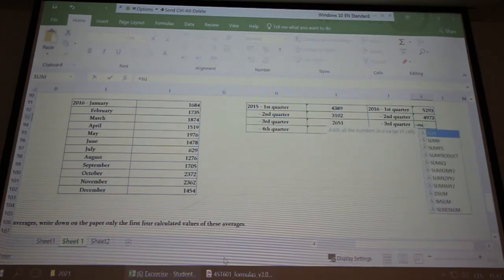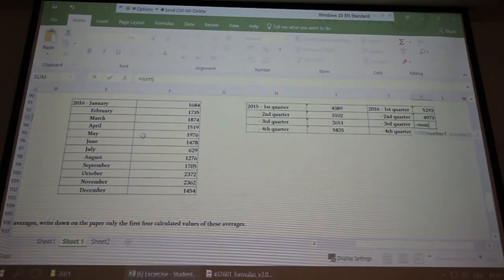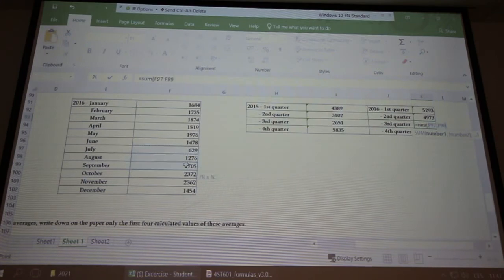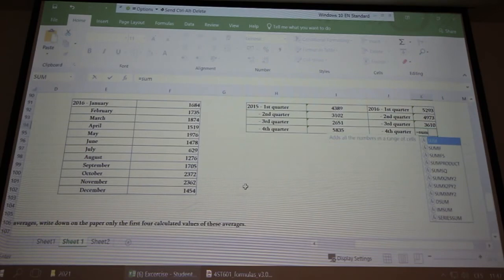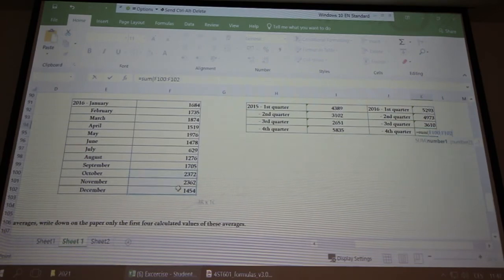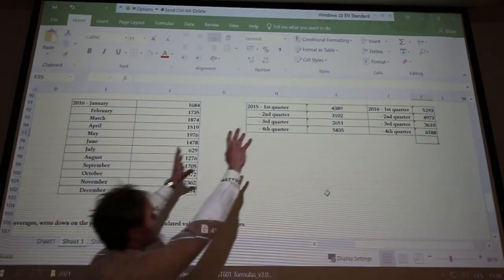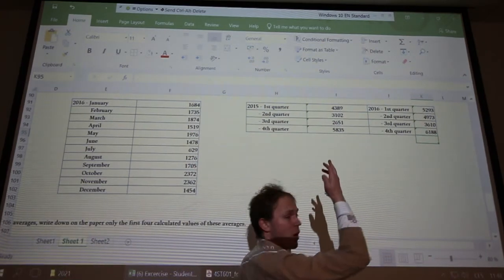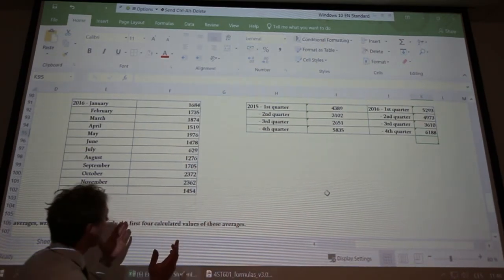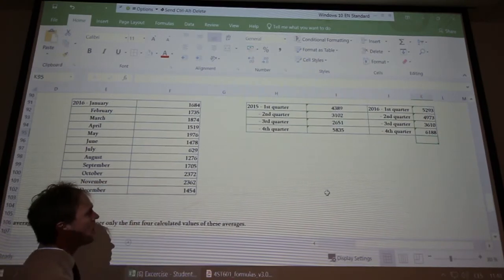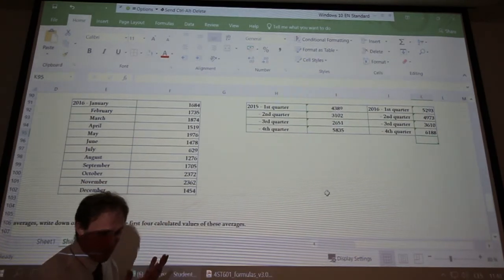Equal sign, summation, July, August, September, and equal sign, summation, October, November, December. So there is a table with the quarterly data set. I calculated just the summation of 3 months.